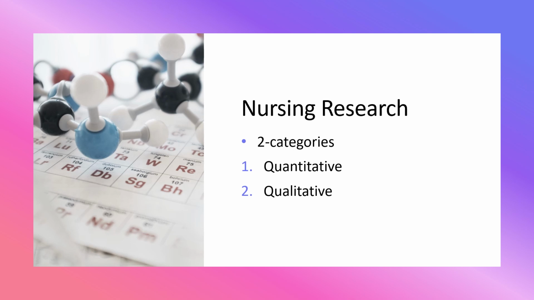The planning phase, which is designing the actual research method. The implementation is where there will be a recruitment of the population or the participants, and there will be a collection of data. The evaluation phase is the analysis of the data that is collected and the results that are disseminated or shared.